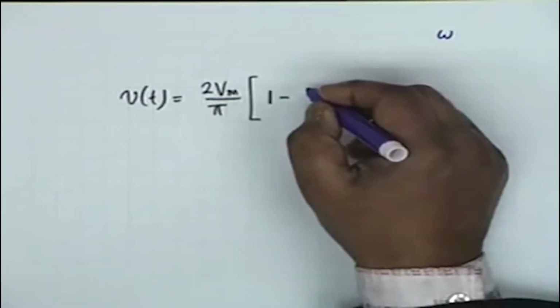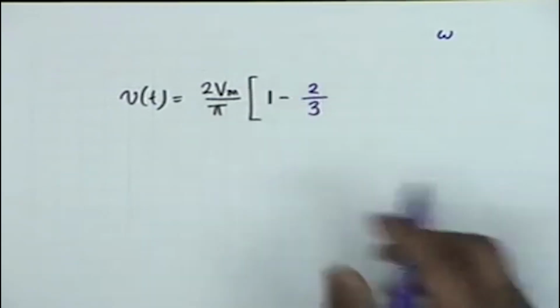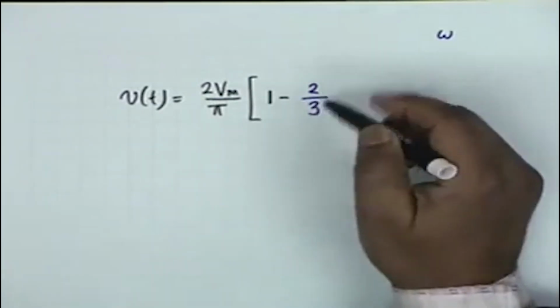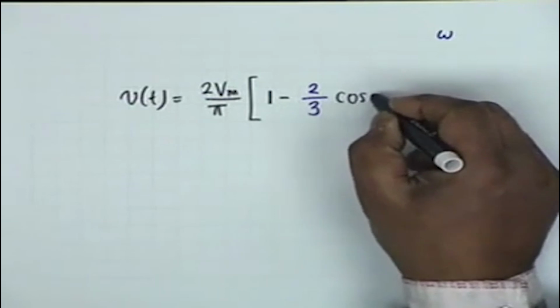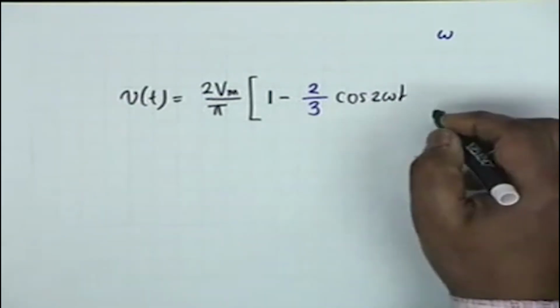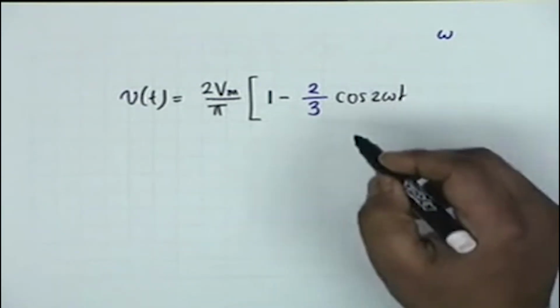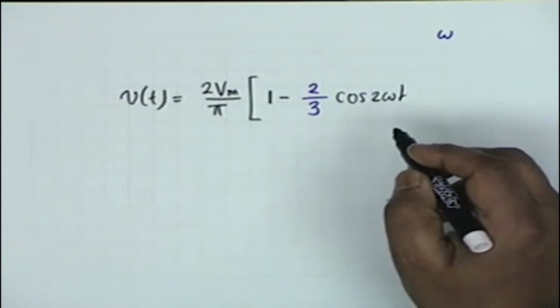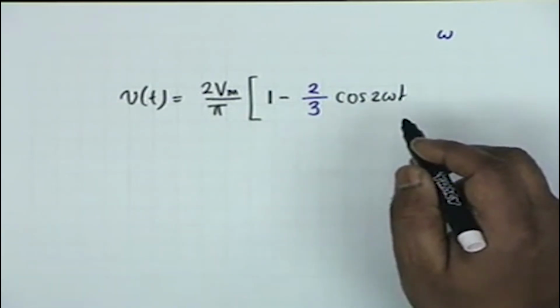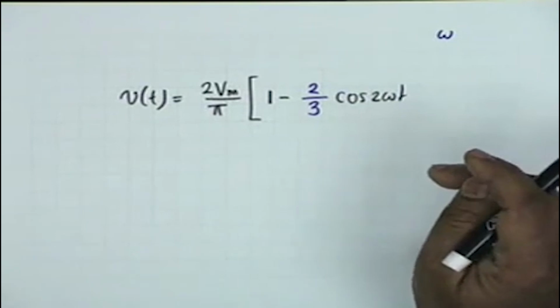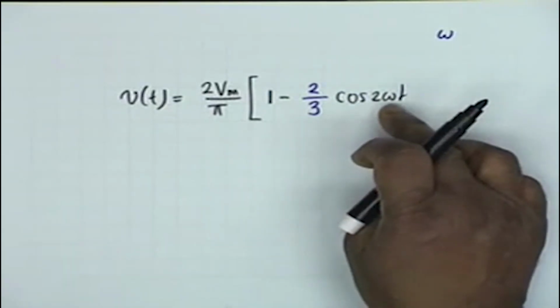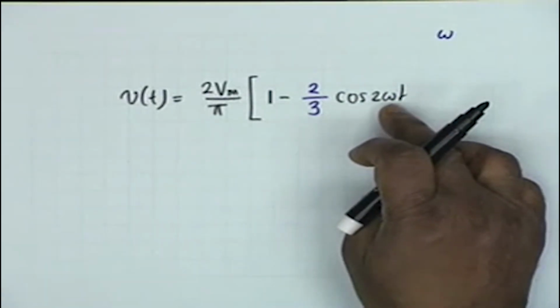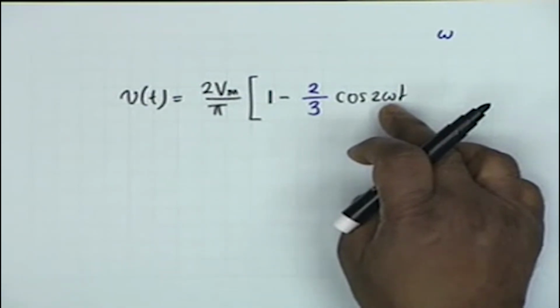And what we have is, by Fourier analysis, one can show that this is 1 minus 2/3 cosine 2 omega t. This is the second harmonic, because the frequency of this is harmonically related to the input frequency to the transformer.